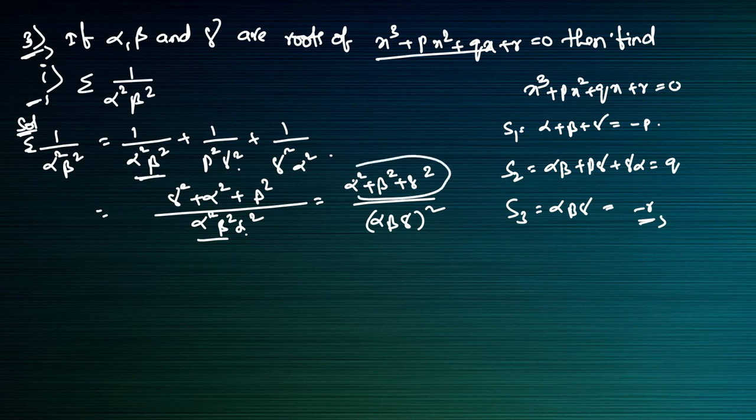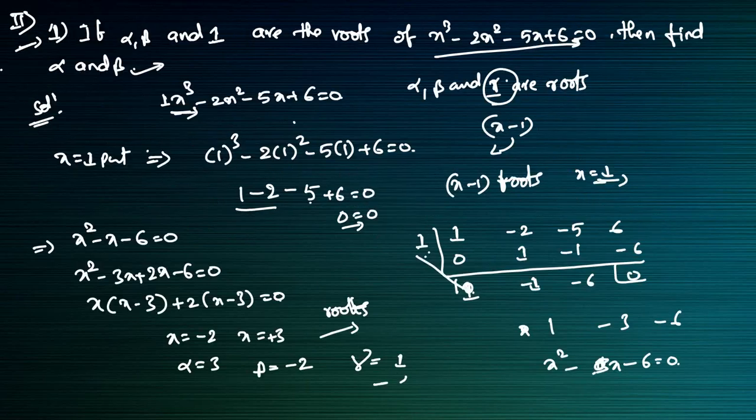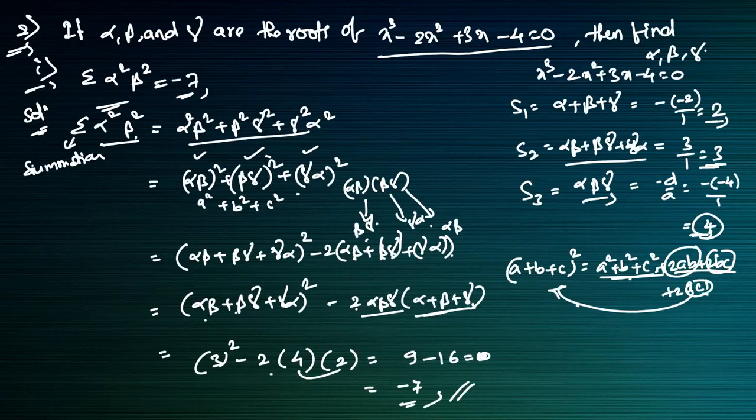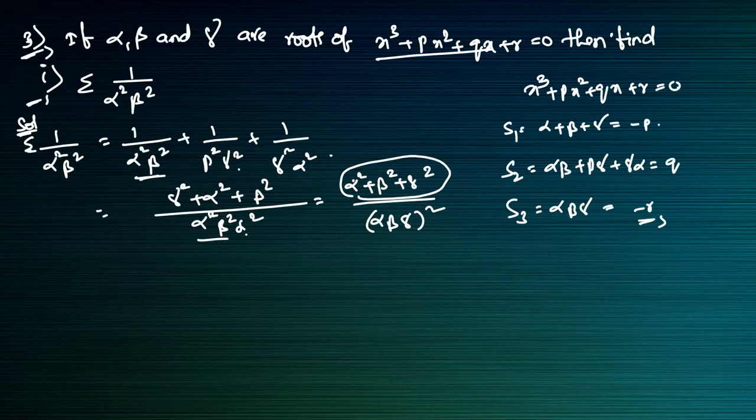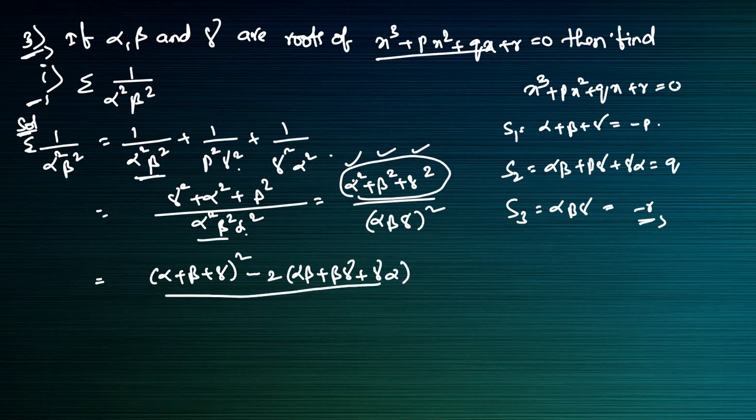Okay. So this formula I wrote in the first question only. So this is the formula, where we have to find a square plus b square plus c square, which we got in this one. So in this question, I will take that formula. It will become alpha plus beta plus gamma whole square minus 2 into alpha beta plus beta gamma plus gamma alpha, divided by alpha beta gamma whole square.